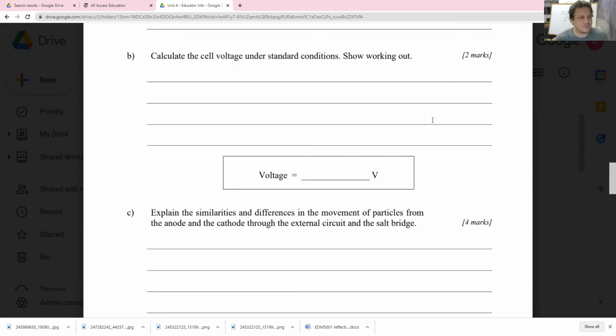So the electrons flow from the zinc electrode or the anode to the nickel electrode or the cathode. It always goes anode to cathode. And it's traveling through the wire connecting the two, through the voltmeter. So when the zinc atoms are oxidized, the Zn2+ ions will go into the solution.